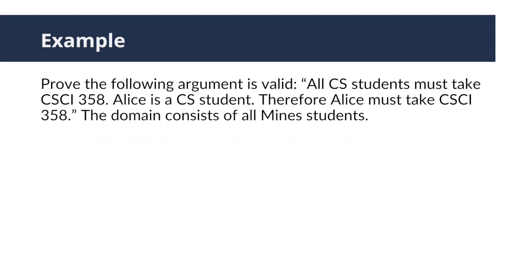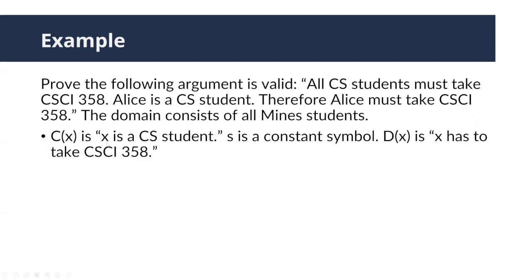Now let's see how we can use this rule in a correct way. In the example, we need to prove this argument is valid and the domain consists of all my students. First of all, let's translate this argument. C(x) denotes that x is a CS student, s is a constant symbol.